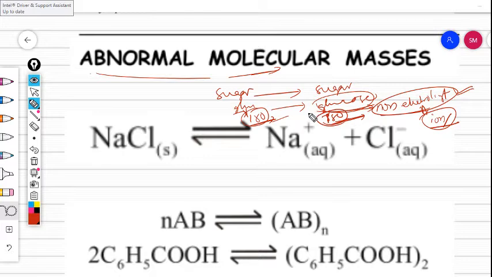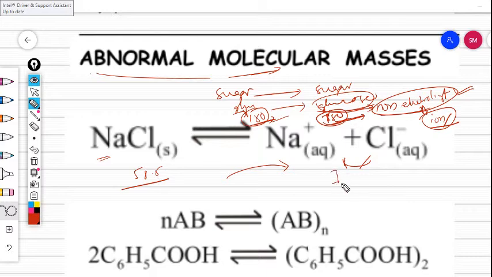Where there is a change in the number of solute particles by the dissolution, we are discussing that part only in the colligative properties. So let's say we have sodium chloride and weight is 23 plus 35, 58.5, before the dissolution, but after the dissolution it got into two individual particles.